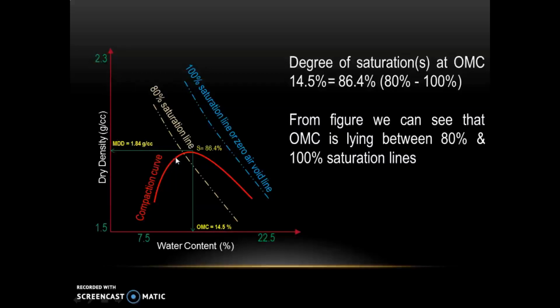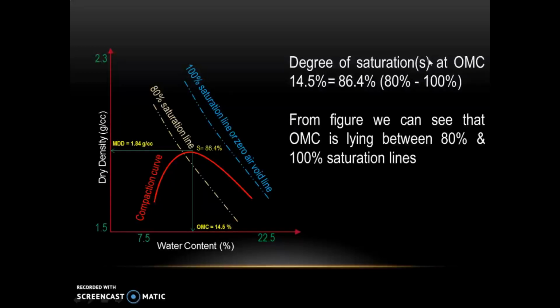So after we get all the curves, we have to show them on the same plot. We do not have to draw them separately. So the first curve is the compaction curve, which is shown in red color. Second is the 80% saturation line, and the third one is the 100% saturation line or zero air void line.